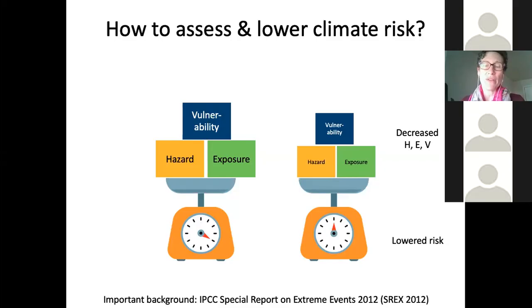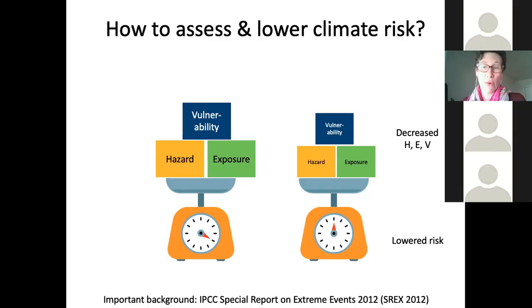So for the example of acidification risk to shellfish aquaculture in Alaska in the United States, your hazard is broadly ocean acidification. But the temporal and spatial characteristics of acidification contribute to that hazard. And the vulnerability of Alaska communities to this really depends on factors that are hard to classify as vulnerability or exposure. This could include things like how diverse other aquaculture fisheries are in the area, how many jobs depend on aquaculture compared to other sectors.